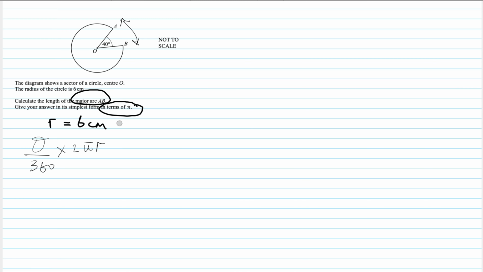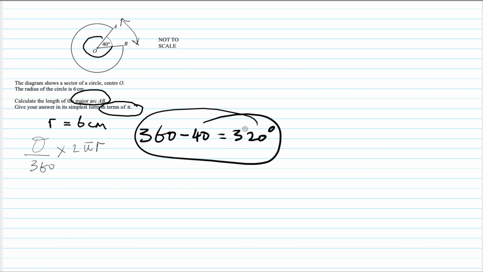And so for us to find the major arc, we have to find the value of this angle here. For us to find the value of that angle, we must subtract 40 from 360 because the sum of angles at a point is 360. And this will give us 320 degrees. So this is what we will use as theta and not 40 degrees.